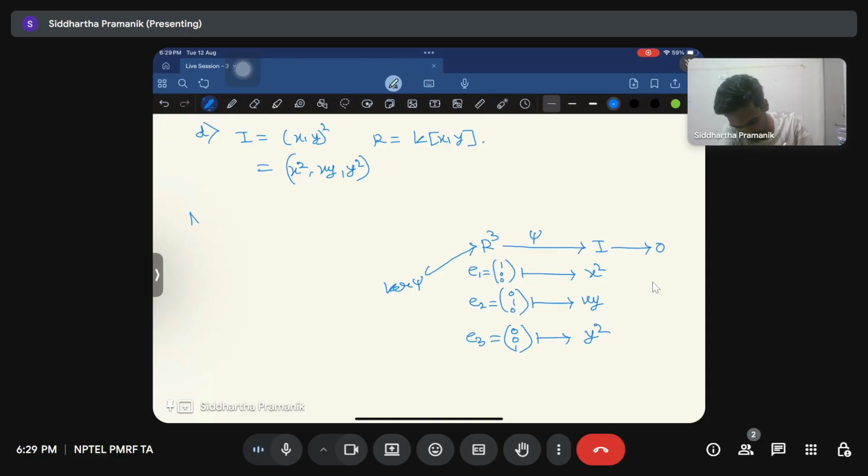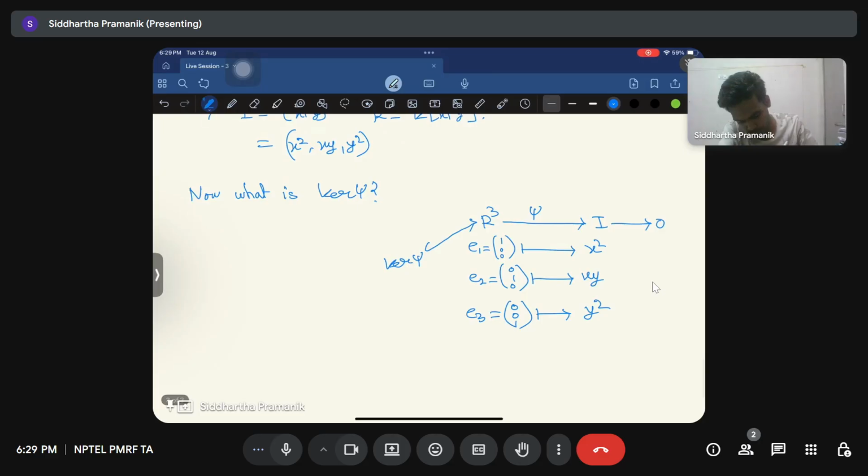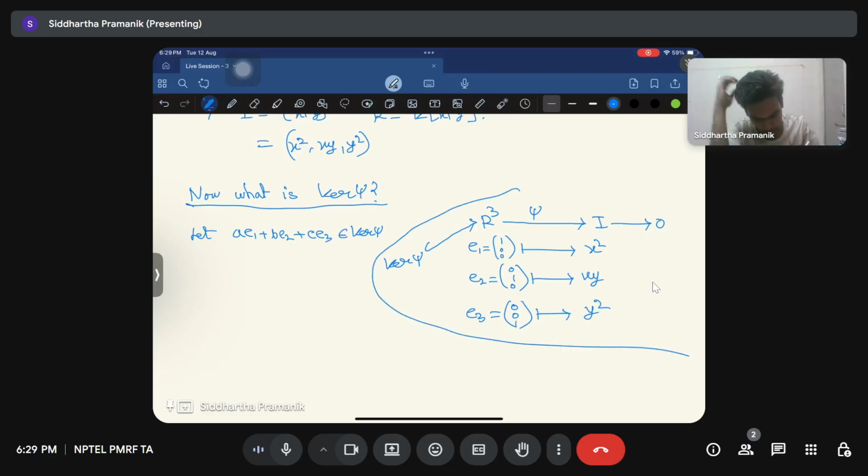Now what is the kernel of xi? Let's take an arbitrary element from the kernel, a e1 plus b e2 plus c e3.